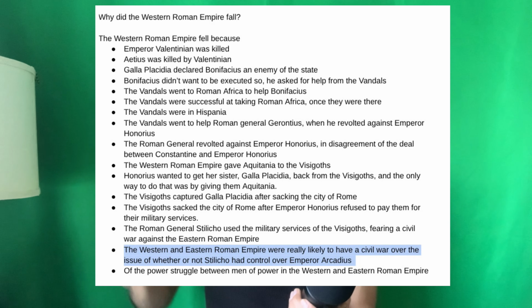The reason why the Western Roman Empire fell is because the Eastern Roman Empire and the Western Roman Empire were likely to have a civil war over the issue of power. Stilicho was concerned about a potential civil war, and that's why he wanted to employ the Visigoths in that incoming civil war.